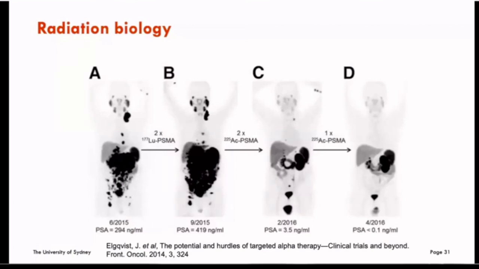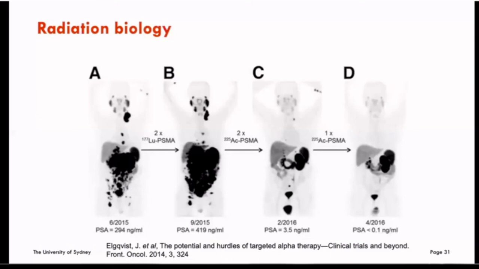Here is another clinical example where we can see how different radiobiological parameters of beta and alpha particle result in different treatment outcome. As you can see in figure A, which shows the gallium-68 PSMA scan of a patient with castration-resistant prostate cancer with initial tumor burden. And then in figure B, you can see the disease progression despite 2 cycles of beta minus emitting lutetium-177.